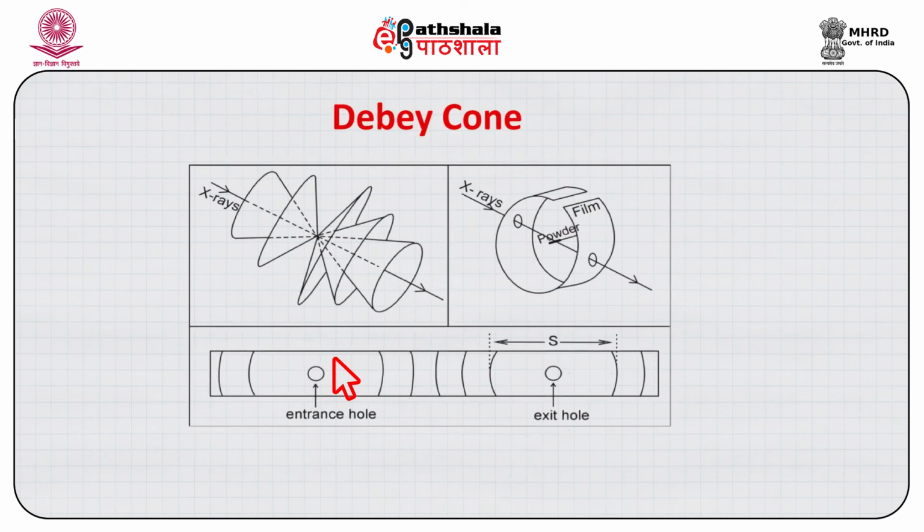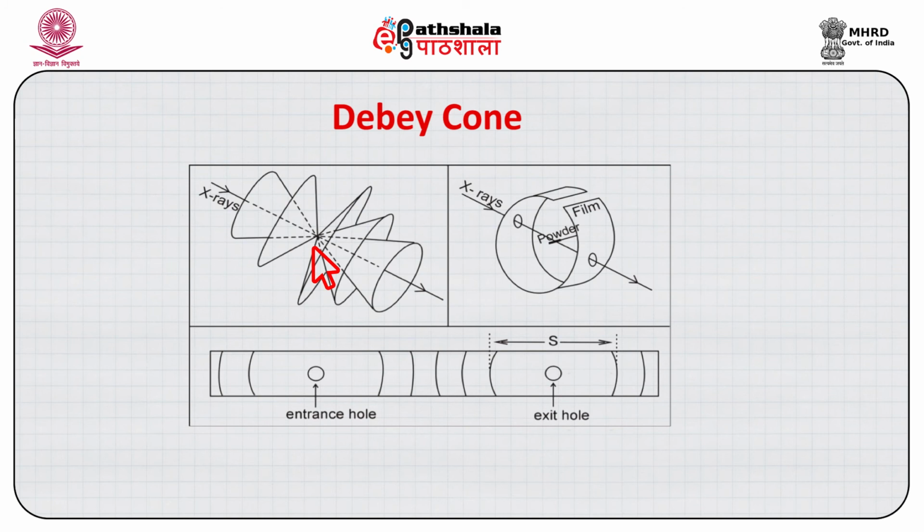Well, we can see this in another diagram where we are looking at a figure or a concept known as Debye cone. The X-rays are coming like this and interacting with the crystalline material. Now, the area in which a particular plane will lead to construction of a circle is this, and when we join it with the place where the interaction is taking place, this works out to be a cone.